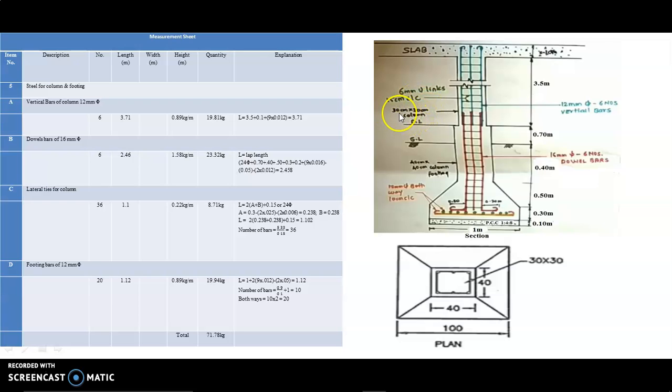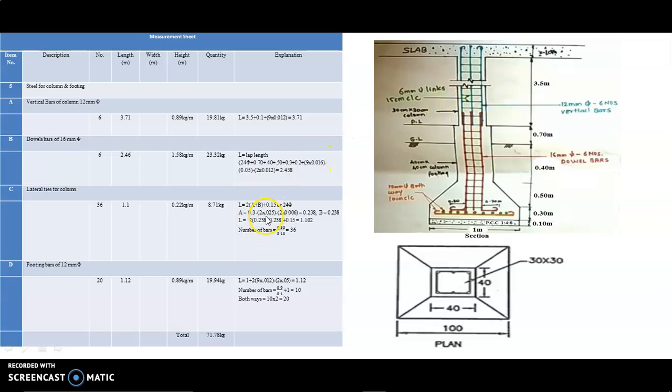Here the area is 30 centimeter by 30 centimeter, meaning width is 0.3 and height is 0.3. So 0.3 minus 2 into 0.025, because we provide 25 mm cover on both sides, so we have to deduct this cover.